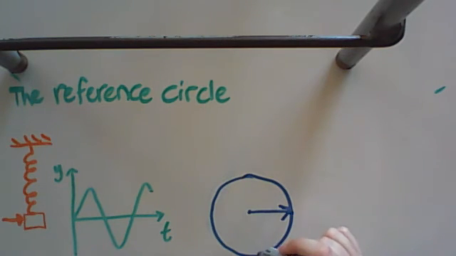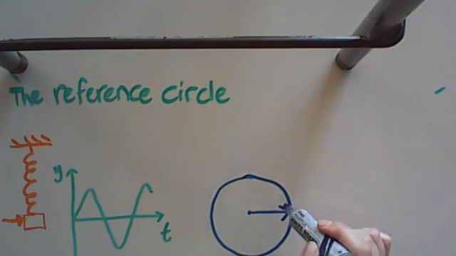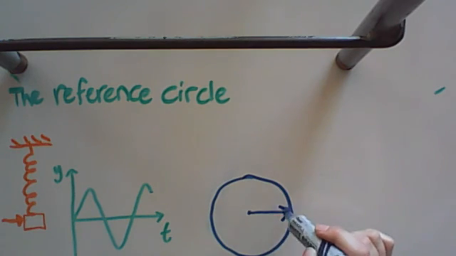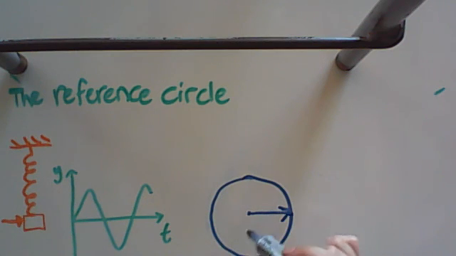When it's here, pointing straight down, it's at its maximum displacement and moving back up again. So the reference circle is another way of understanding how simple harmonic motion behaves. We're going to move on to mathematical understandings of these representations of real physical systems.